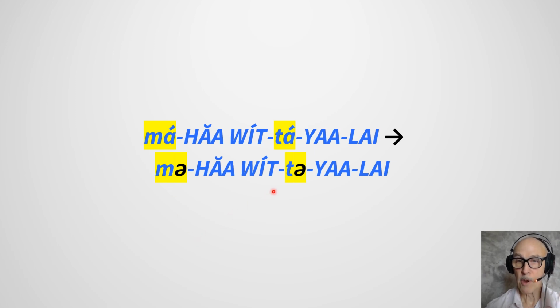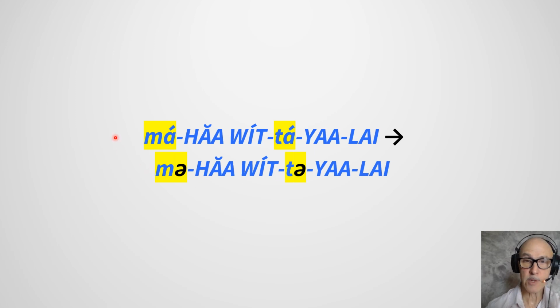Okay, moving on to this pair here. Here we have wita, which becomes reduced to schwa. That's it. Really short, very quick, easy to pronounce. And then here at the end, yalai becomes reduced as well.